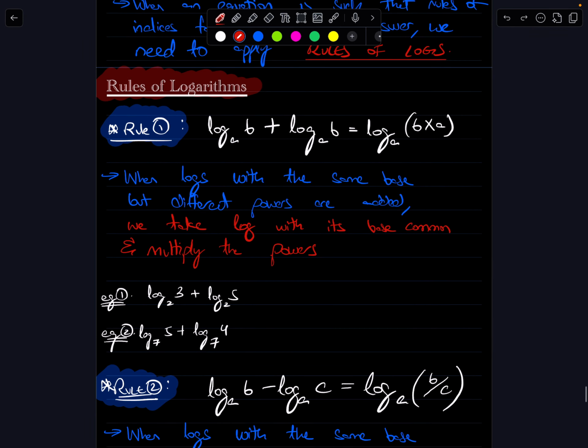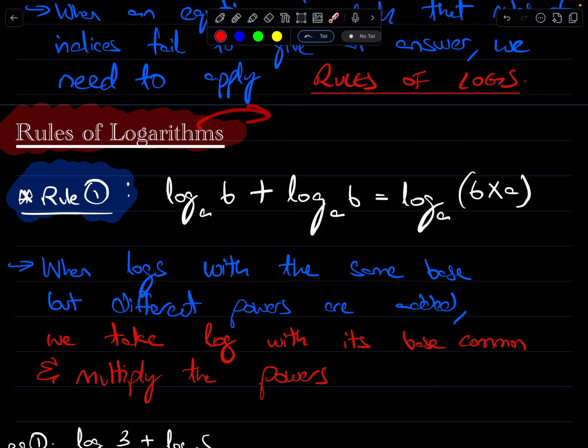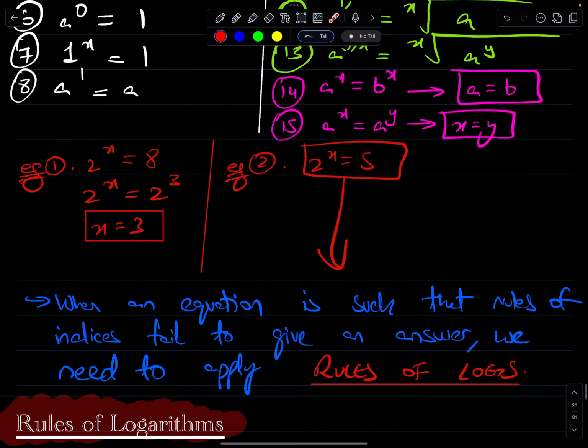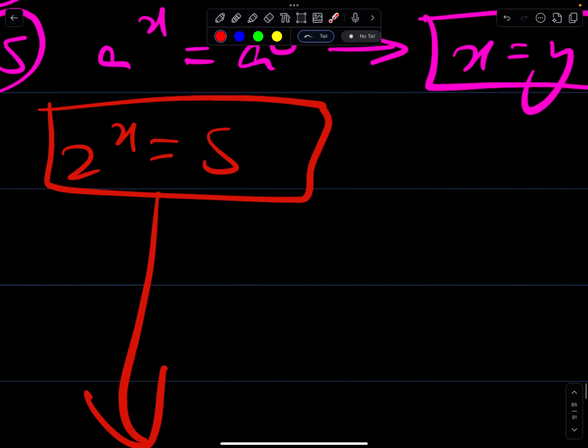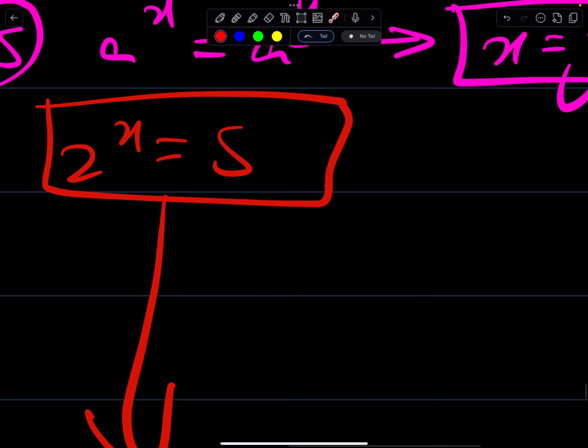So, logarithms essentially look something like this. And what are they, if you don't know? We read this as: what power should 2 be raised to, so we get a 5?